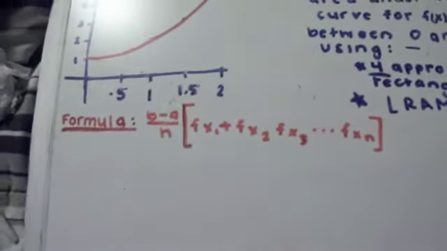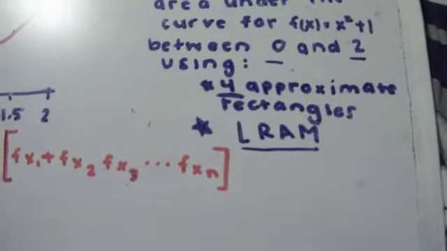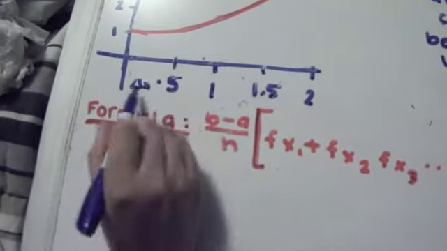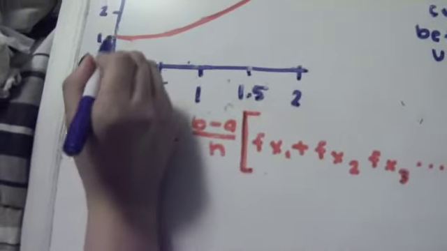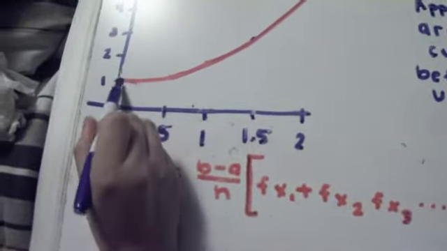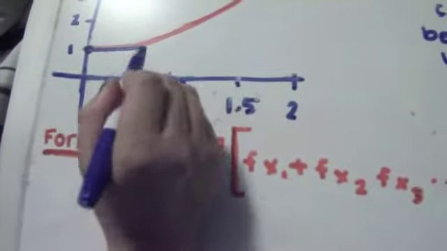Okay, now we're going to be focusing on LRAM. So in order to do this, like I said before, you have to use the left points. In this function, since we already found delta x and I have it all set up, our first LRAM point is going to be 0 because it's on the left. So again, you do the same thing, draw to the right and down.